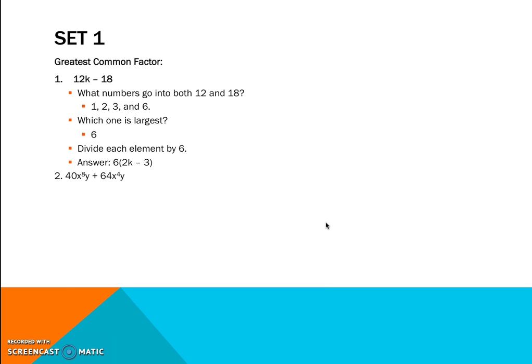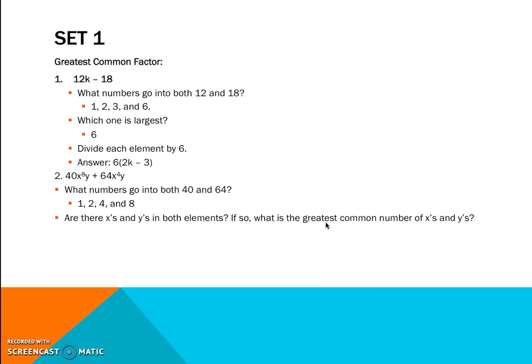Number 2, we have 40x to the 8th power times y plus 64x to the 4th power times y. What numbers go into both 40 and 64? Well, 1, 2, 4, and 8. Are there x's and y's in both terms? If so, what is the greatest common factor of the x's and y's?